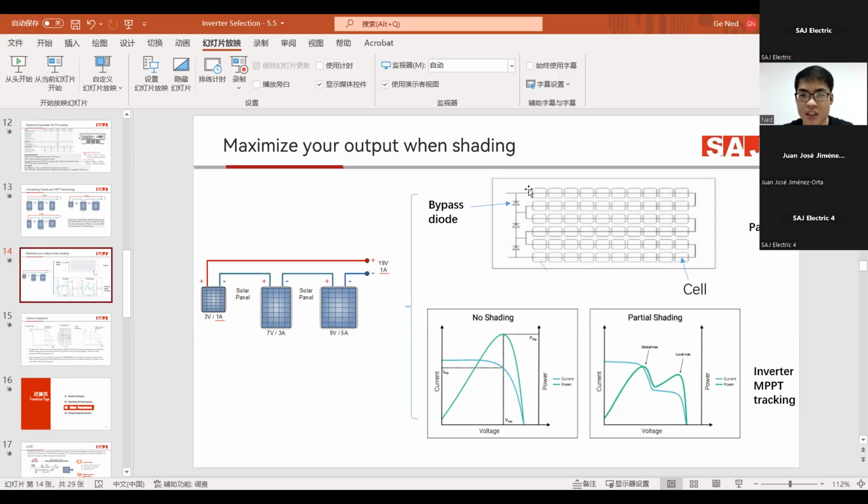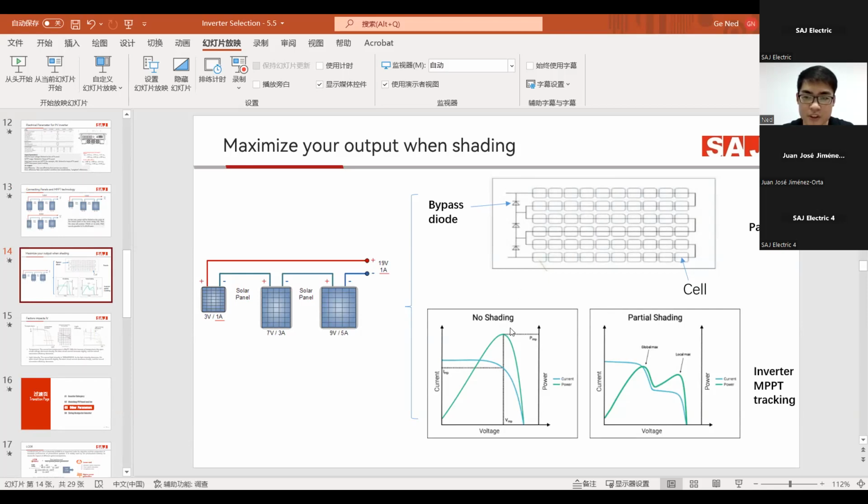If there is shading on these panels and cells, they cannot provide power generation, then this part will be bypassed. The diode will be activated here, so we can ignore the lower current generation on this side.